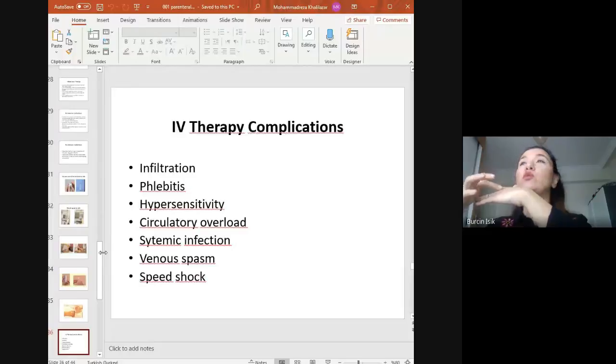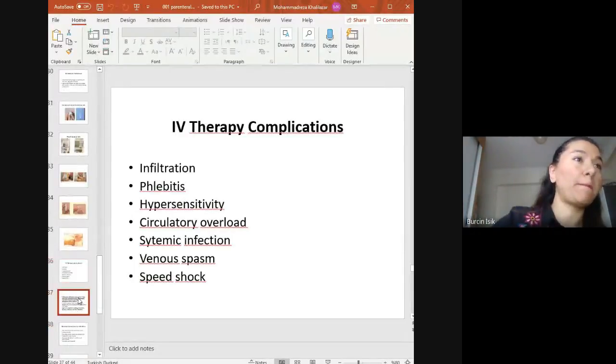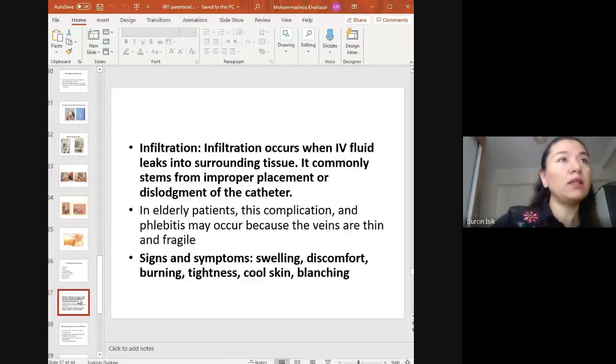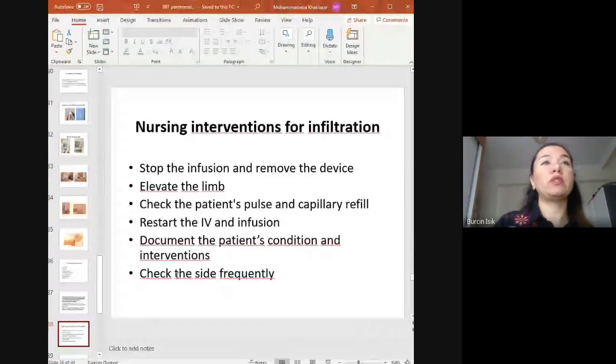It's better not to use the same place, the same vein, because it causes necrosis and problems for patients. We speak about that. Stop the infusion, remove it, elevate the limb, check the patient's pulse and vital signs, document it, and check the site.